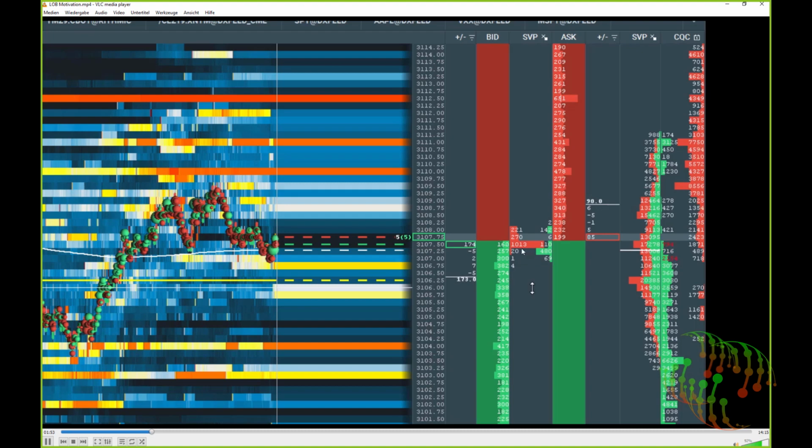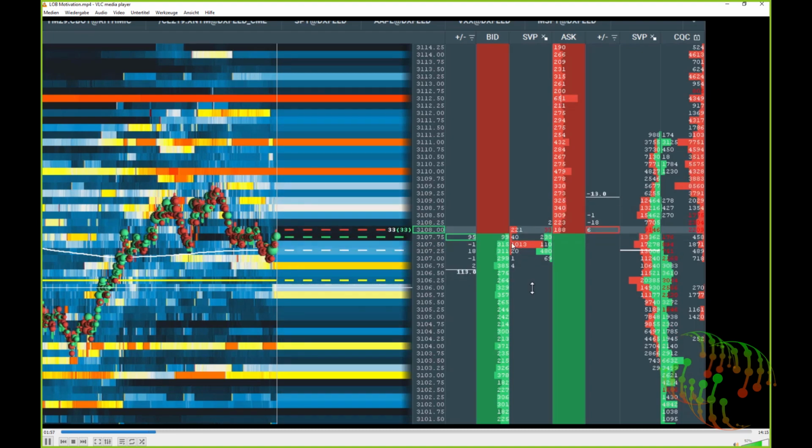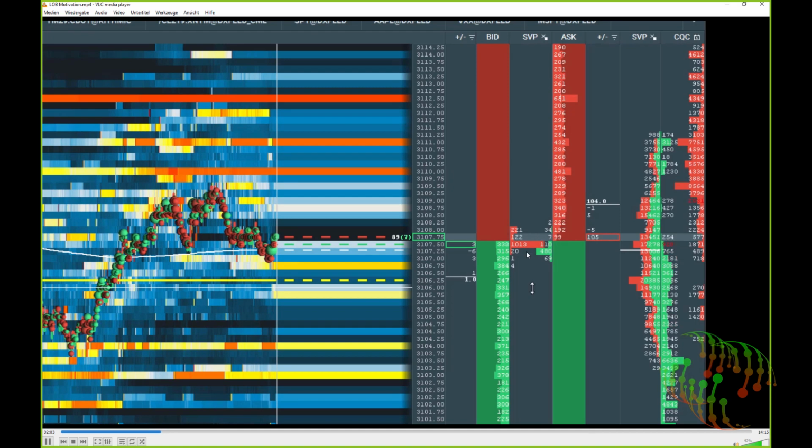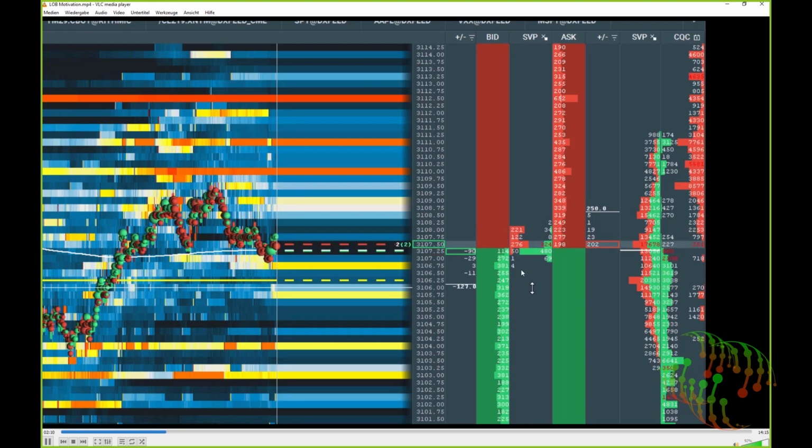That means if we see such huge numbers on either the bid side or the ask side, it doesn't matter, then we know something absolutely important is happening here.